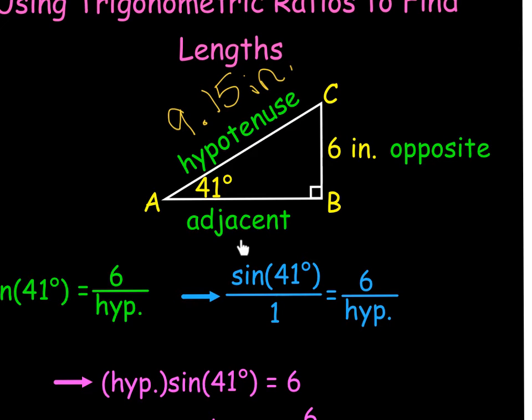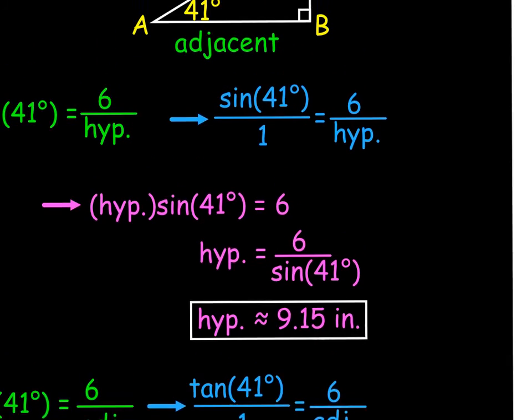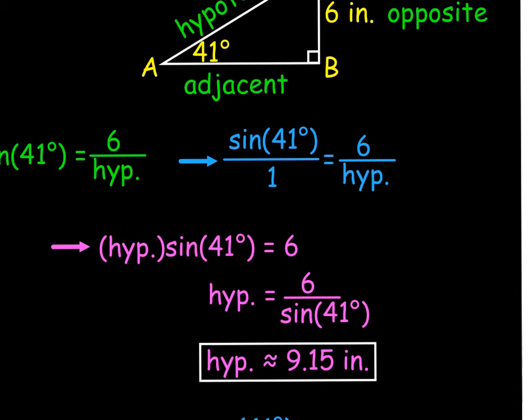So we are looking for a trig function that uses the adjacent side. Now you could use the cosine to find your adjacent side, but here's the problem with that. When you use cosine, you're going to use the adjacent and the hypotenuse. And our hypotenuse is not an exact answer. We had to round down here toward the bottom when we found the length of our hypotenuse.